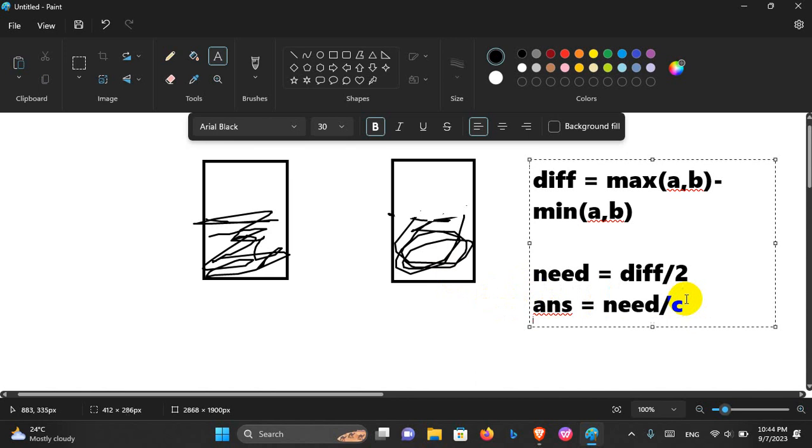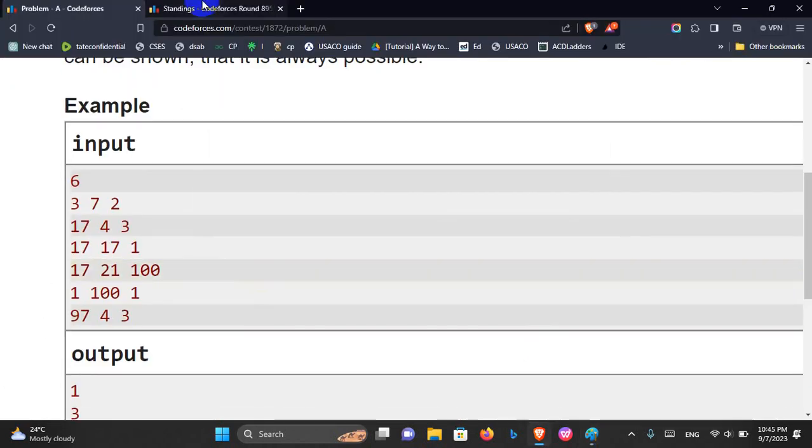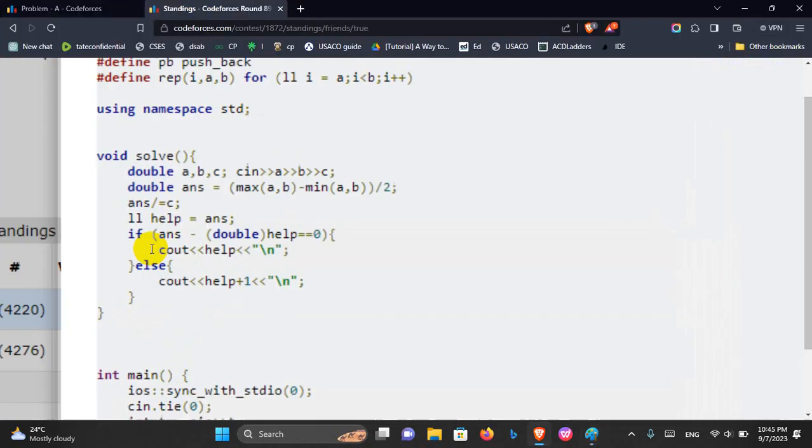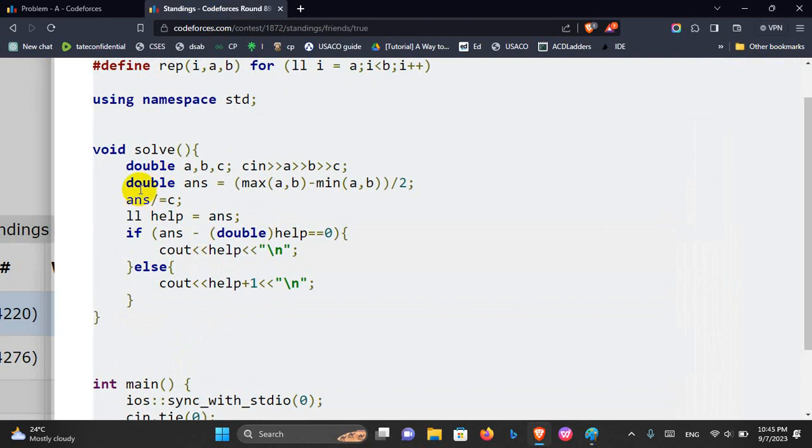For example, if we have 1.1, we cannot say it's 1, it would be wrong. This should be 2, because we cannot get 1.1 if our cup is 1. To do this I use double, and I let the answer become the long version of this double.